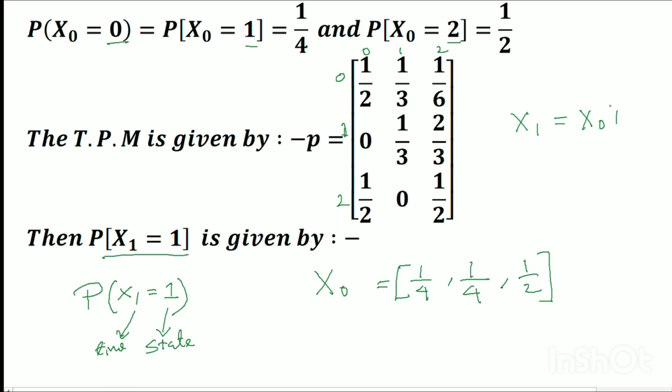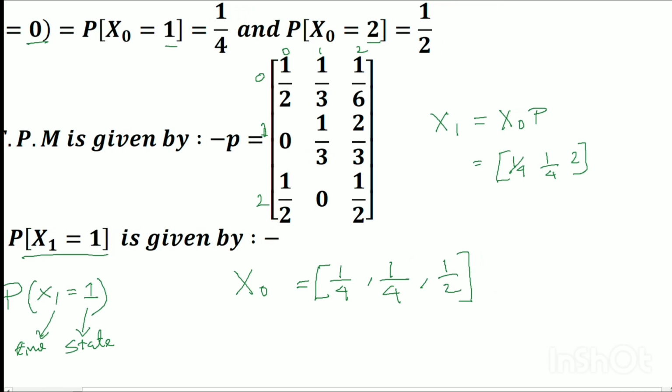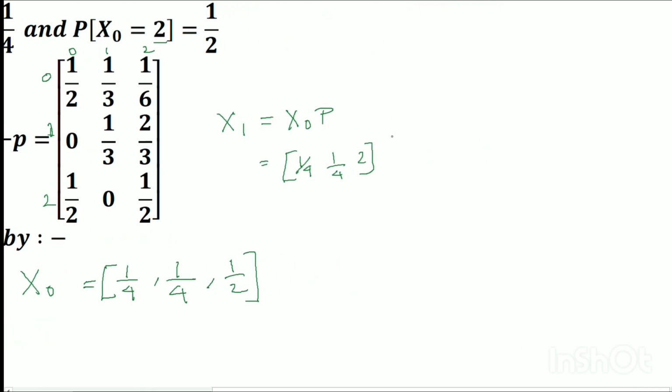X1 is equal to x0 into P. So x0 is equal to 1 by 4, 1 by 4, 1 by 2. Sorry, this is the 1 by 2. I have written it wrong. However, no problem.